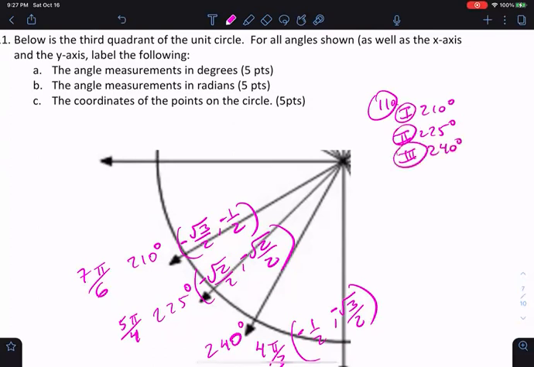And then the other one, the angle measurement in radians. So 11B, it should be 7 pi/6, right? Then 5 pi over 4, and then 4 pi over 3.